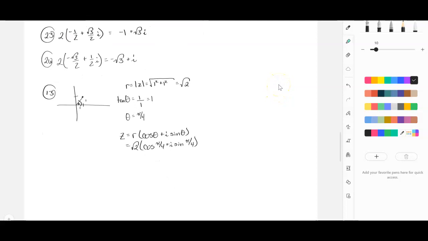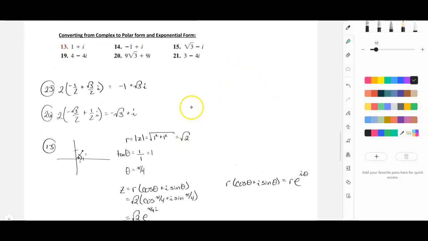If we want to write this in exponential form, we know r cosine of theta plus i sine of theta is equal to r e to the i theta. So in exponential form, this is going to look like square root of 2 e to the pi over 4 times i. So that's polar form and exponential form.